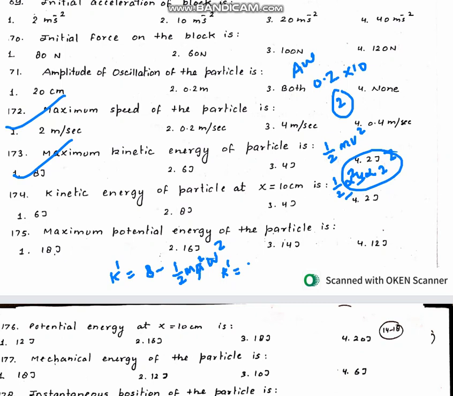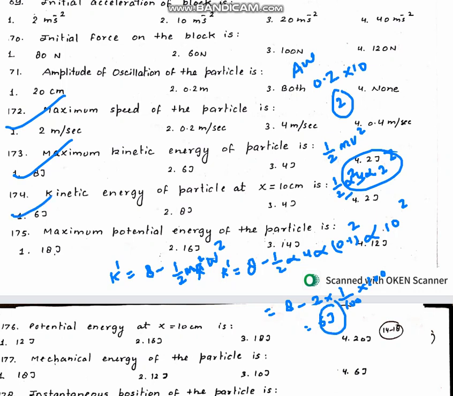Sorry, here it will be x square, so it will be 8 minus half into 4 into 0.1 whole square into 10 whole square. So that will be 8 minus 2 into 1 by 100 into 100, which is 6 joule. So first is correct over here.